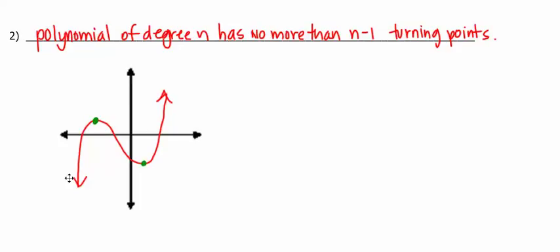Where the graph turns from increasing to decreasing, that's called a turning point.